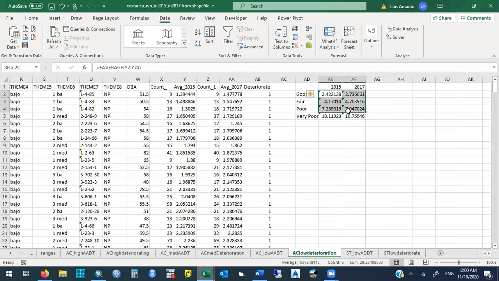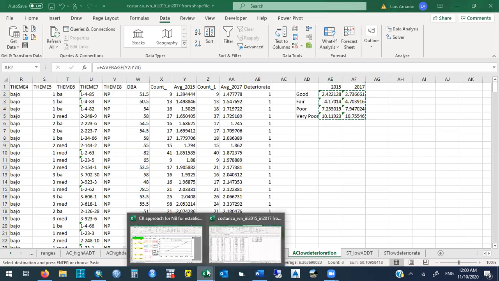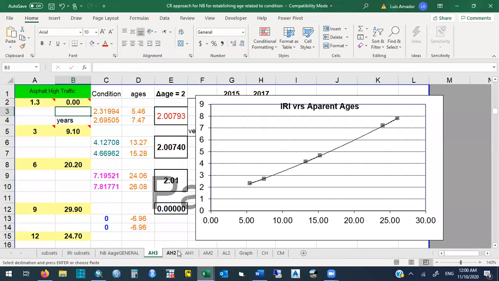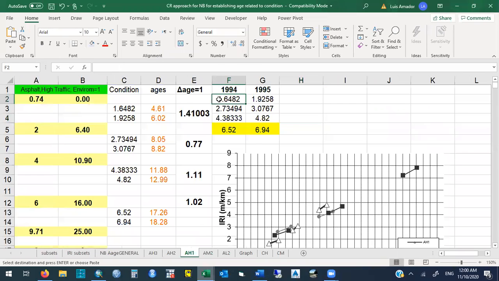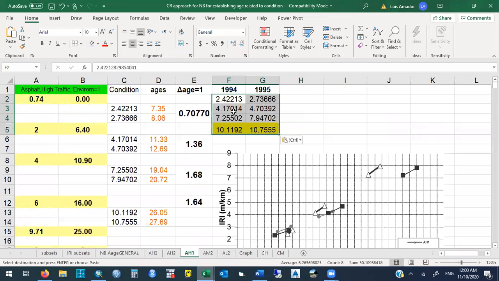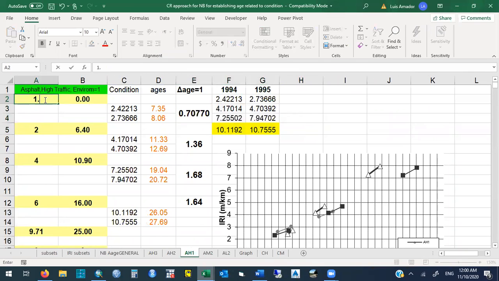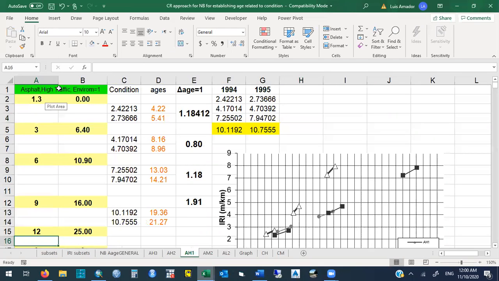So now I can go with this into my calculator, and I have my new values. Now, again, this is incorrect. And this is incorrect. I need 2.